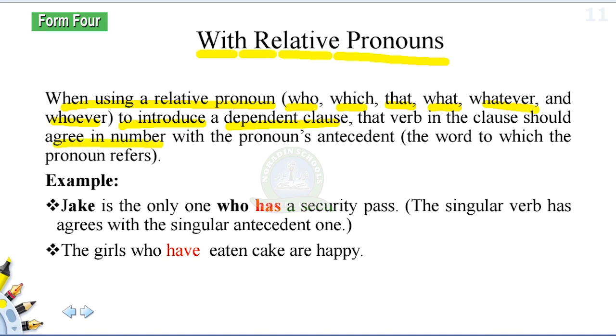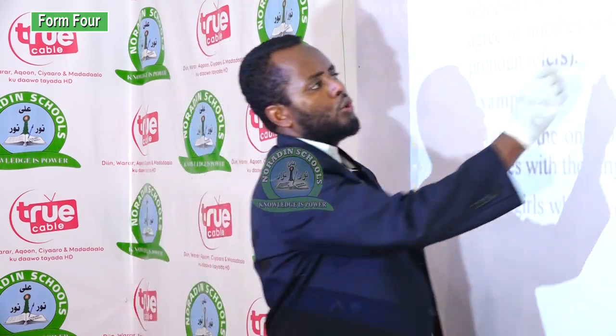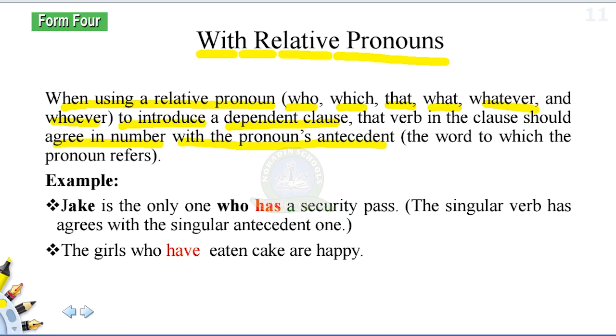What does the word who stand for? It is standing for plural or singular, with the pronoun's antecedent, the word to which the pronoun refers.